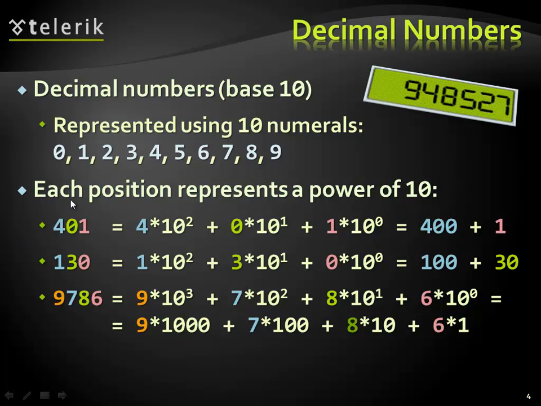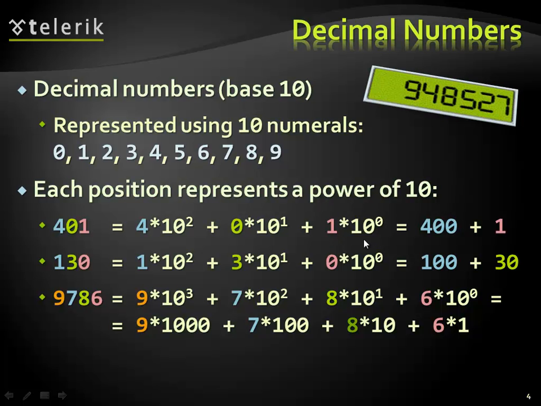So if we look, for example, at the number 401, we can see that every place in the number where we have a character represents a power of 10. Since we have 10 different symbols to represent numbers, the digits from 0 to 9, we can represent each digit in its place by a power of 10.